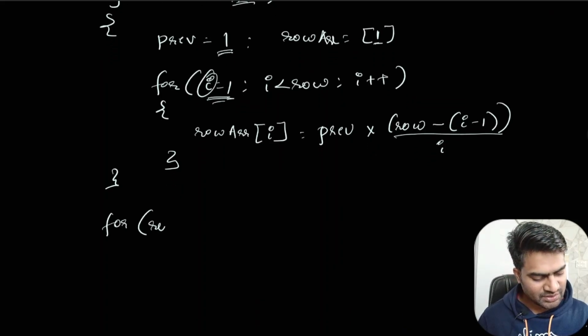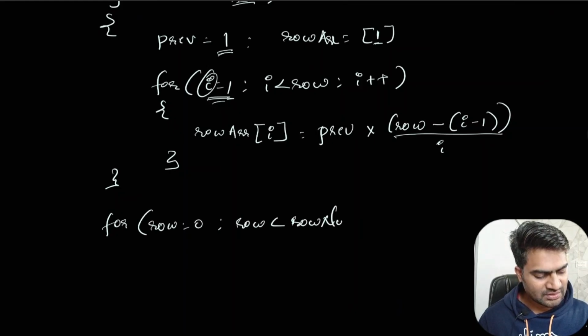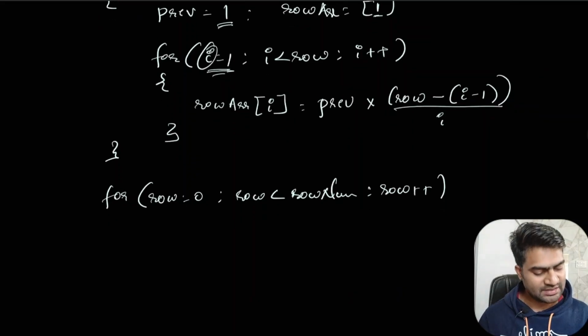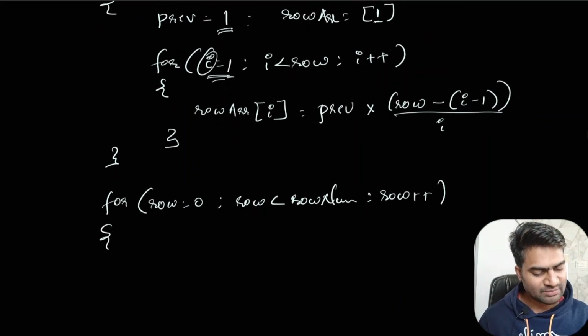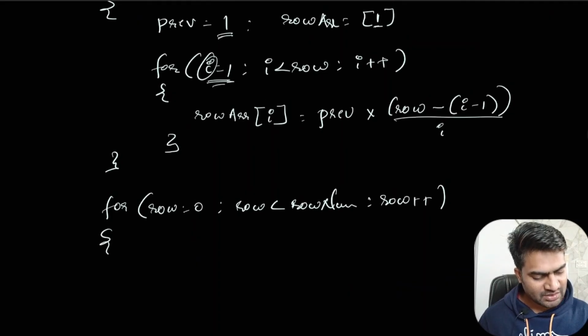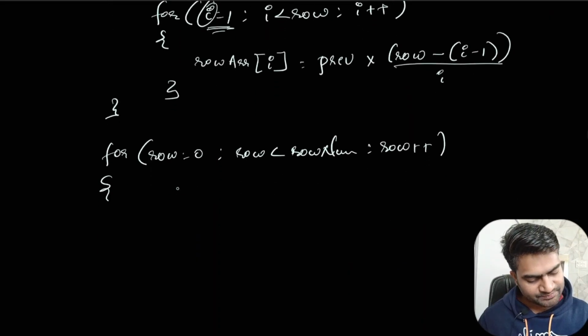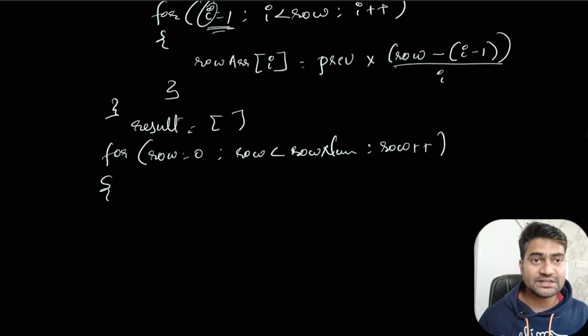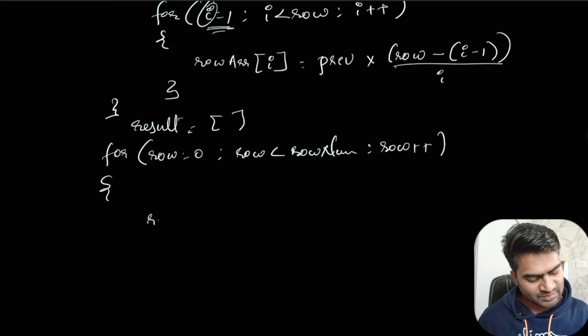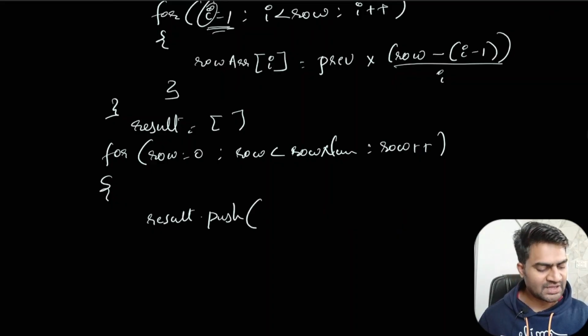For row equal to 0, row less than row numbers, and row plus plus, I will simply call this generate row method here. This is my result array, which is empty. I will simply say result dot push or result dot add.